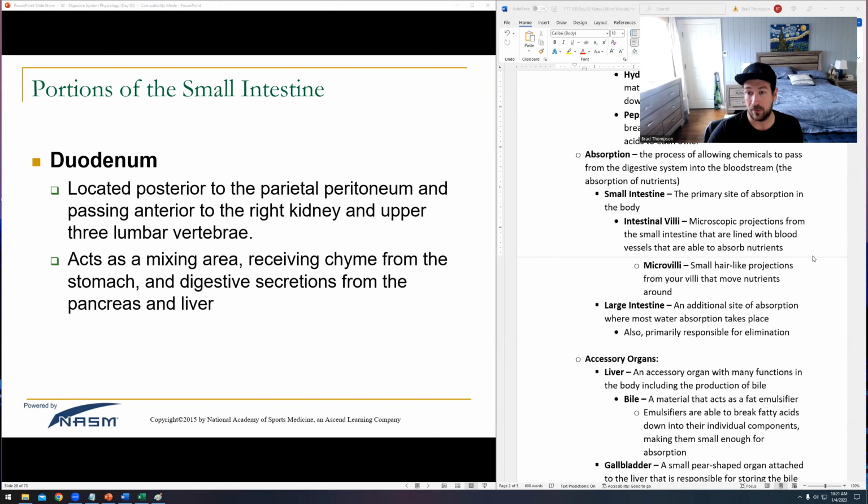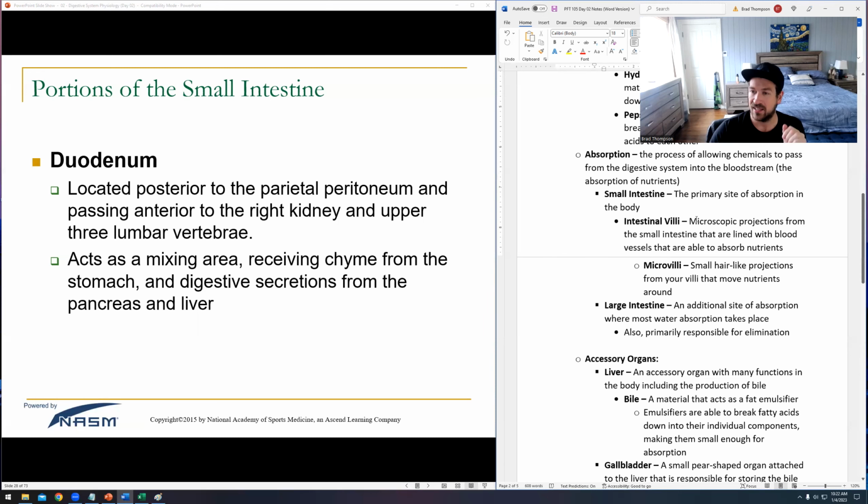We don't have the tools necessary to break them down. There are ways to break down plastics. They've figured out how to make a special bacteria recently that can do that, actually. But this type of thing, not so much. So absorption is the process of allowing actual food to pass into our bloodstream.